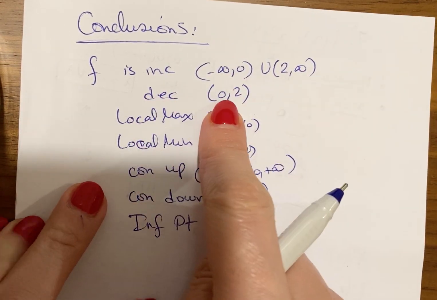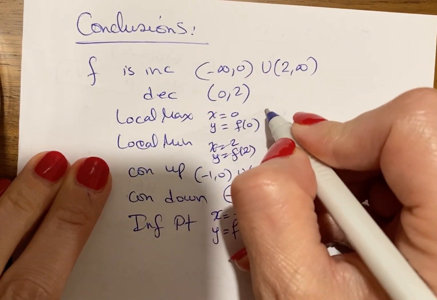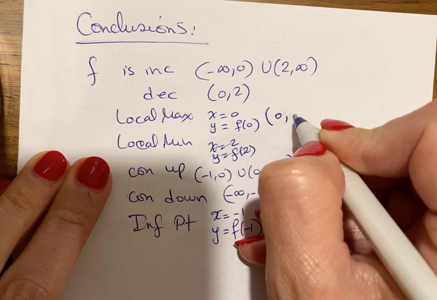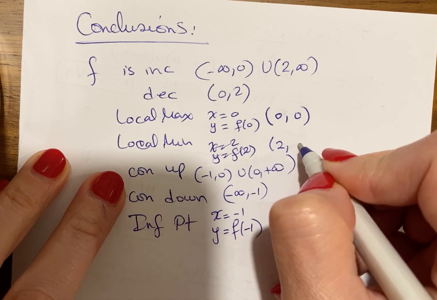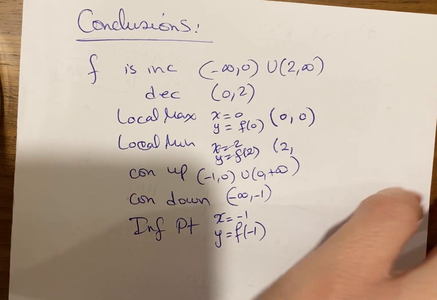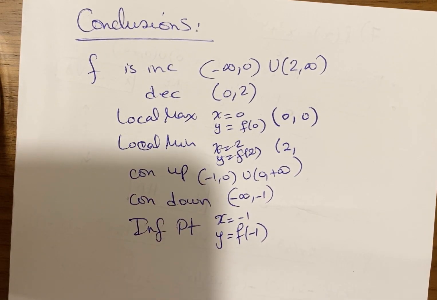Increasing, decreasing intervals, those are intervals. Those are our points. When x is equal to 0, y is equal to 0. When x is equal to 2, y is equal to 2 to the power 5 over 3, minus 5 multiplied by 2 to the power 2 over 3.